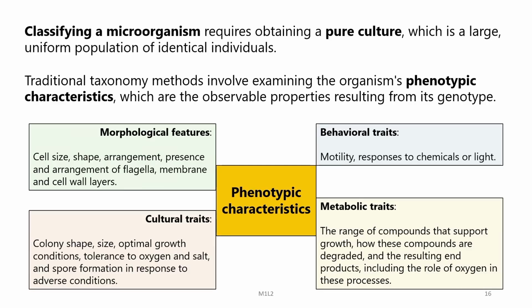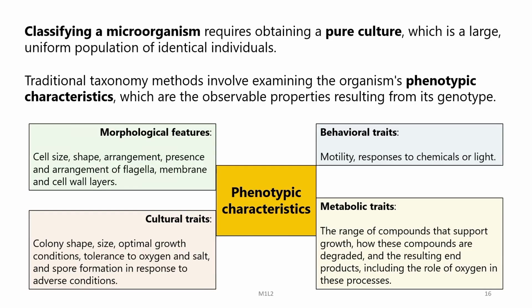Traditional taxonomy methods involve examining the organism's phenotypic characteristics, or the external characteristics, which are observable properties resulting from its genotype. So, the phenotype is a product of the genotype and its interaction with the environment.